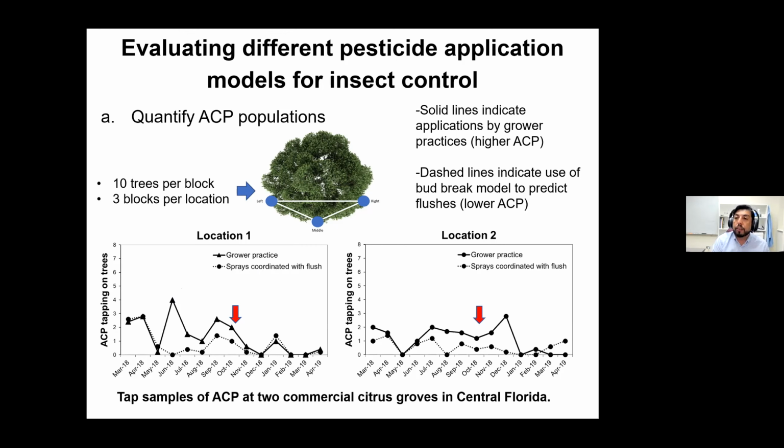It's normal to think that if we apply insecticide during that specific period of time, we will be able to reduce them. But the problem in Florida is that we sometimes have rain, and the plants just flush and grow faster. In Texas, it's completely different because we are restricted to a certain period of time. But back to my point, we have the two different locations, and there is a reduced number of ACP when we coordinate the sprays with the phenology of the plant in both cases.